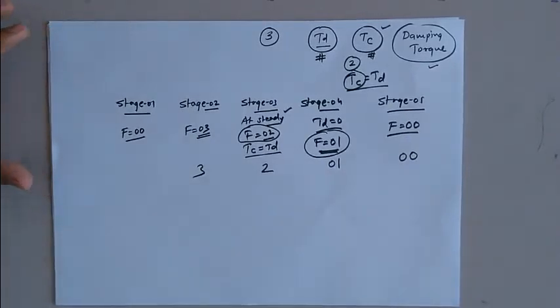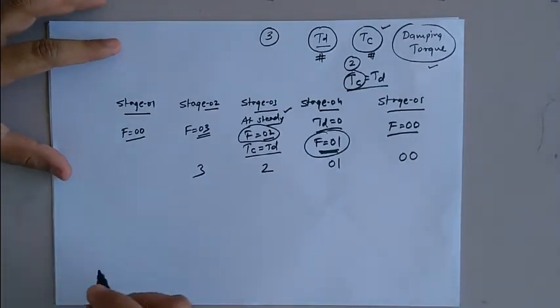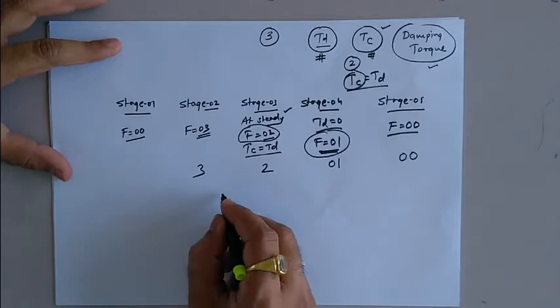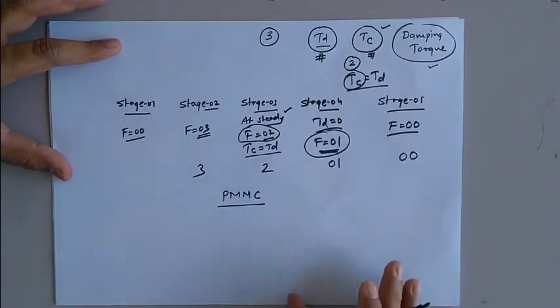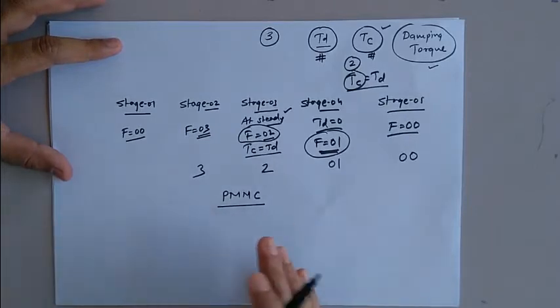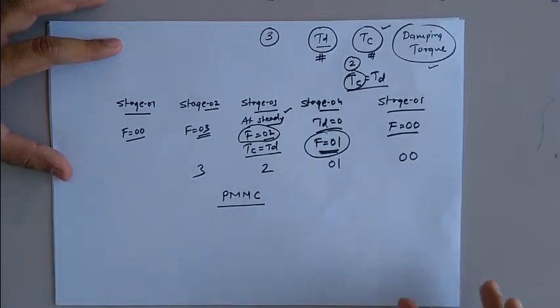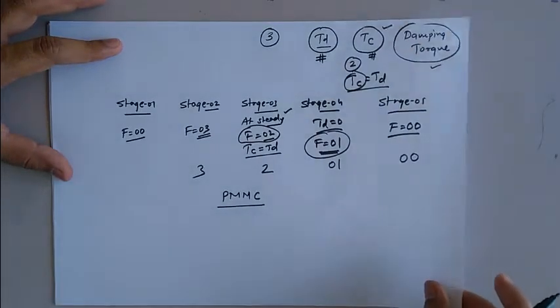Now the next topic, or you can say the next point which we are going to cover in this lecture, is the concept of permanent magnet moving coil instrument. Now what is the meaning of this permanent magnet moving coil instrument and how it is going to work, that we will discuss.